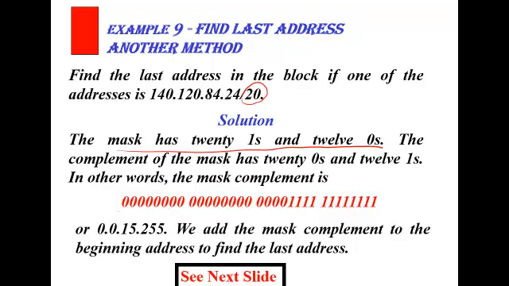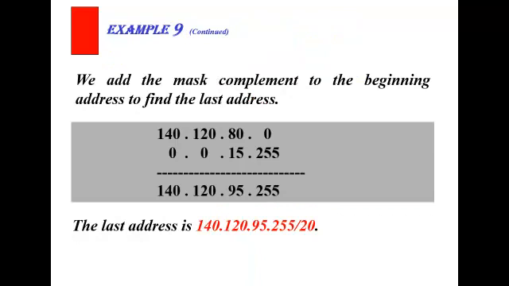Now complement this value. All the 20 ones become 0 and the remaining zeros become 1, and convert it into decimal. Again you will get 15.255, the same value, and add it to the first address. Then you will get the last address of the given block, right? Now you can see the method.